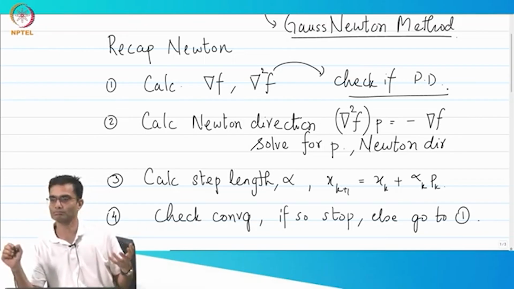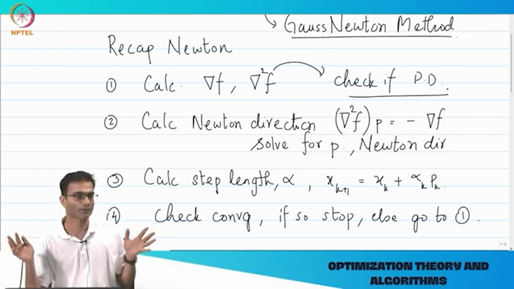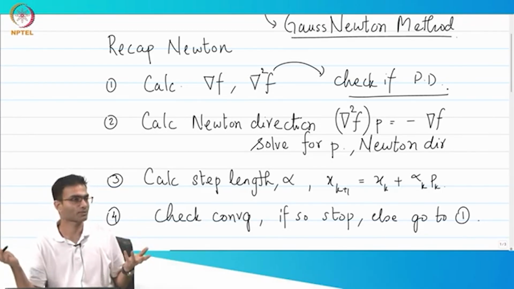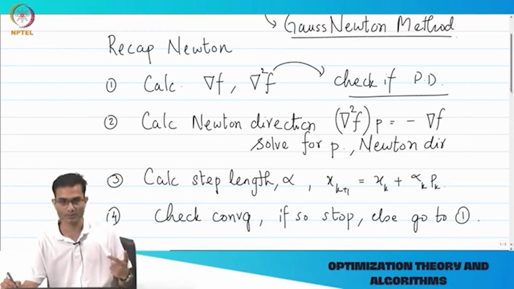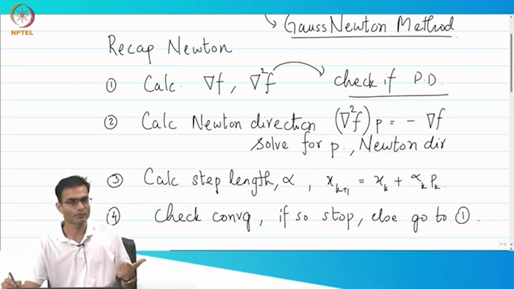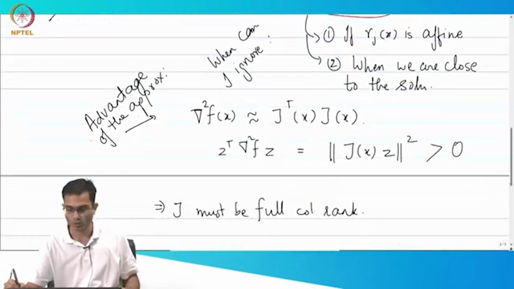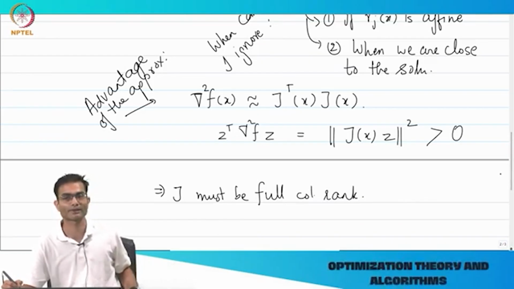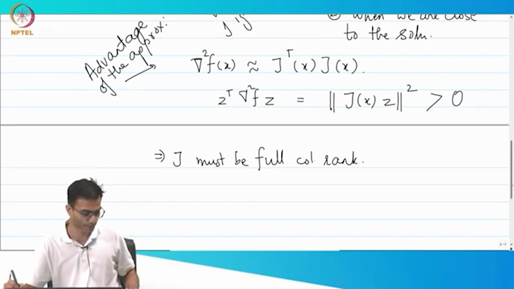In general, if I give you some function del squared f, that is not an easy thing to check, because you would have to, for example, calculate the eigenvalues. That's an expensive operation. On the other hand, because I am specializing my problem as a least squares problem, if I am in a position to ignore the second term of the Hessian, then all I have to do is check full column rank, which is not as expensive as calculating eigenvalues. So this is a substantial advantage that we get.